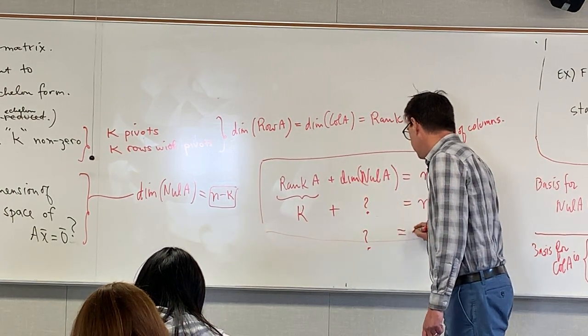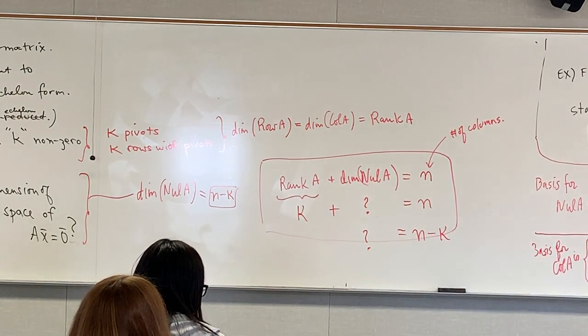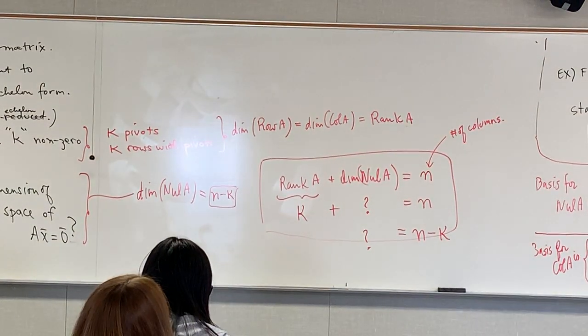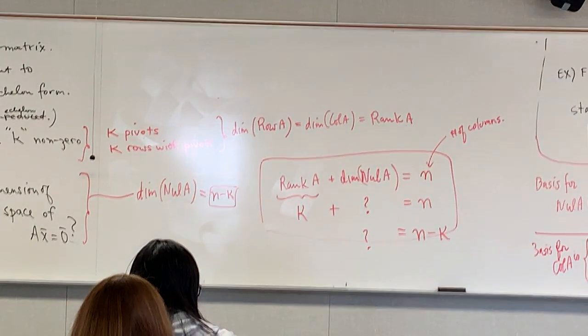The question mark has to equal N minus K. So there's an example of that relationship. Okie doke.